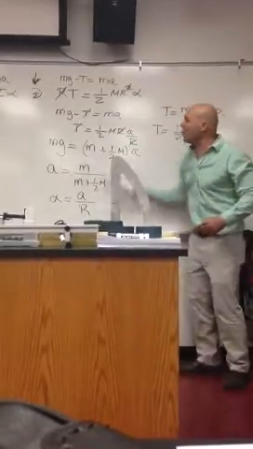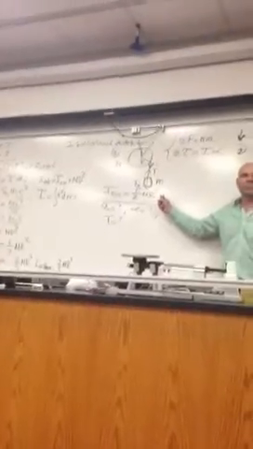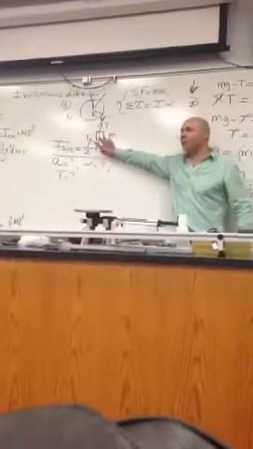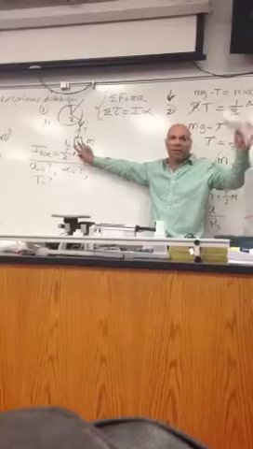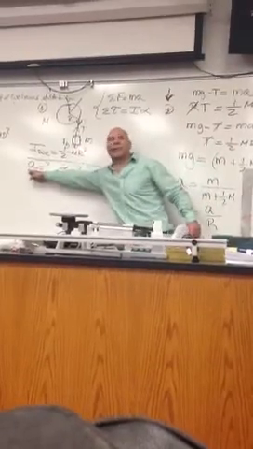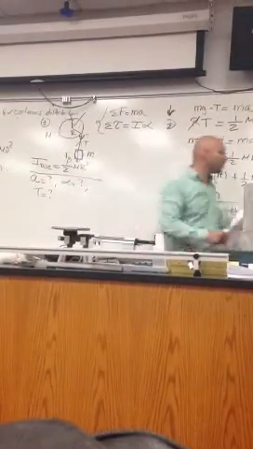In this question, I gave the moment of inertia, I said that it's a disk, and I gave everything, not numerically like they did here. And I asked for the acceleration, the tension, and alpha.